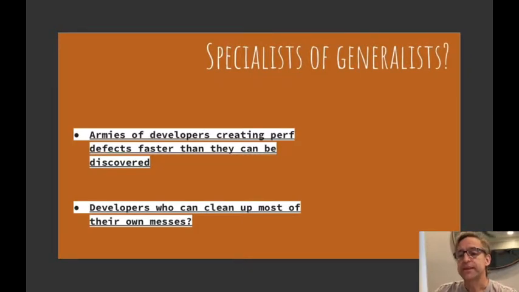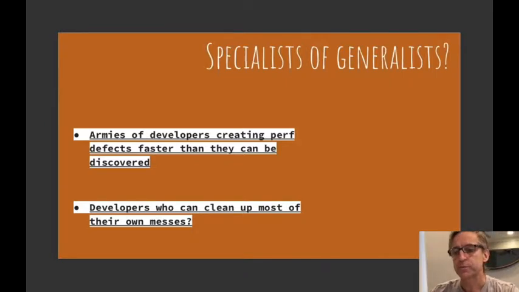Okay, and then if you get beyond the problem of, well, how do we teach it, then we still have problems of who are we going to teach? Are we just going to teach a small cadre of people to be performance experts so that the rest of the development community can lie around in their pajamas, maybe barefoot or in slippers, coding up performance defects, right?